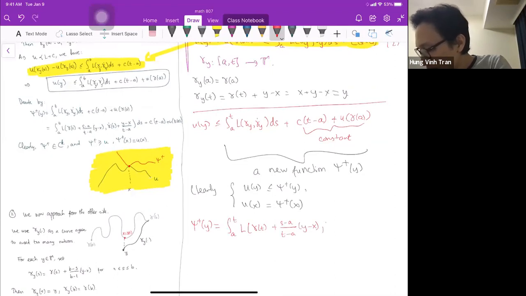Oh, I should have written this as gamma(s), I'm sorry. Gamma dot of s plus, if I differentiate in s, the slope is exactly (y minus x) over (t minus I). That's the slope of our additional piece, ds, plus a constant. The other pieces are just constants: c(t minus I) plus u of gamma(I).